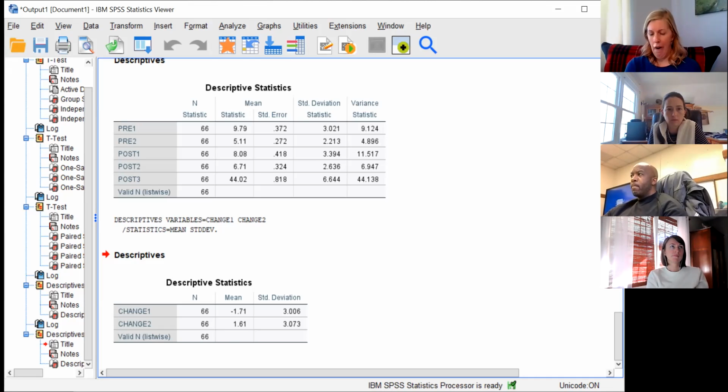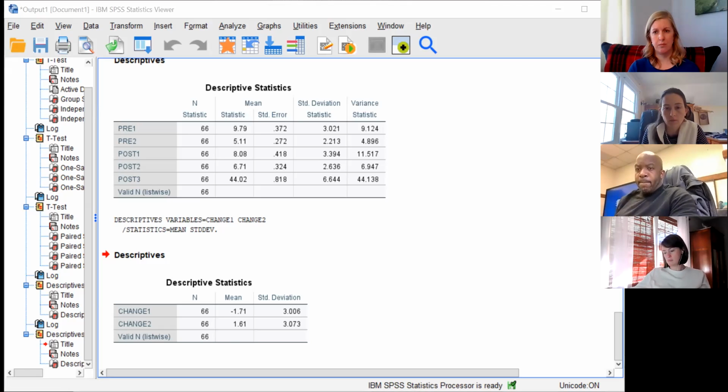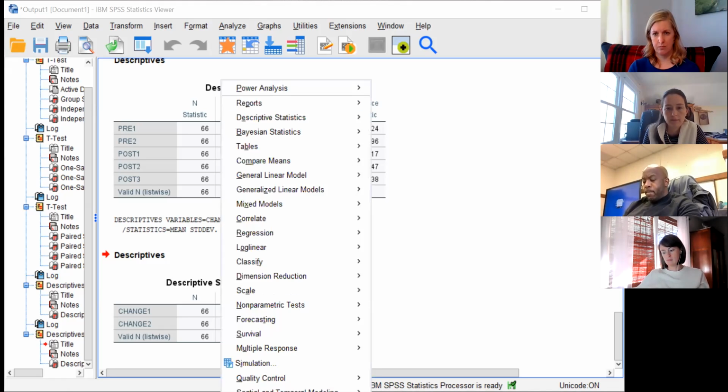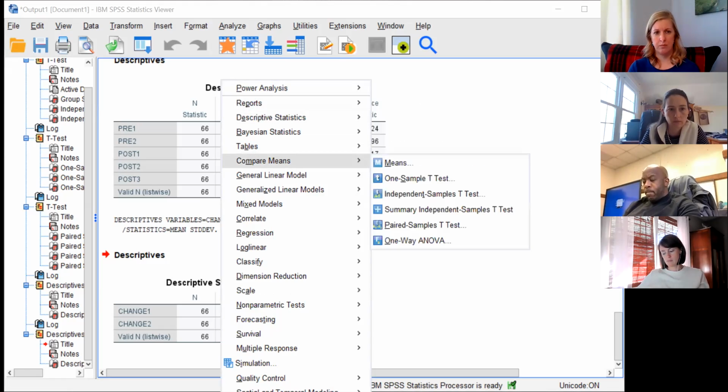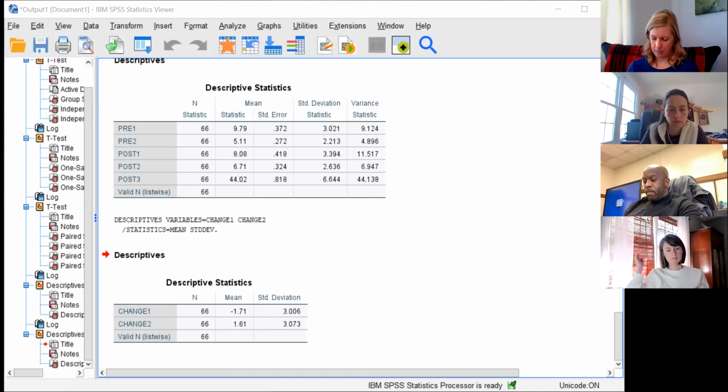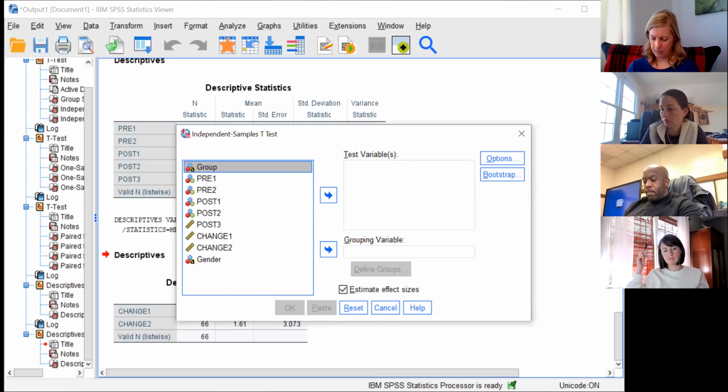Then we asked whether there is a significant difference between genders on the final post score, which is once again an independent samples t-test. When you go into Analyze, it's Compare Means, Independent Samples t-test.